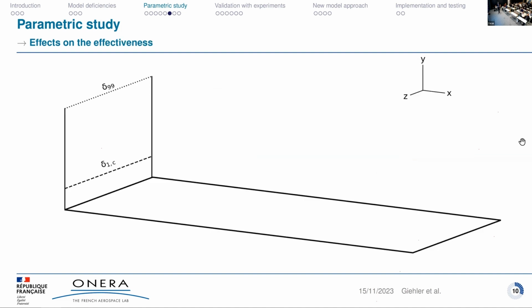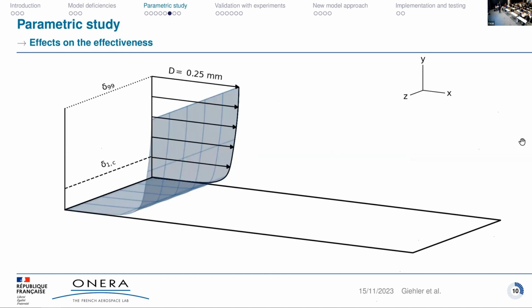But now I look on the effectiveness, and therefore I took my inflow boundary layer. I took the boundary layer thickness, displacement thickness, then I removed some mass for the smallest hole, checked that I can decrease my displacement thickness by approximately 50%, so I have more momentum inside the boundary layer.